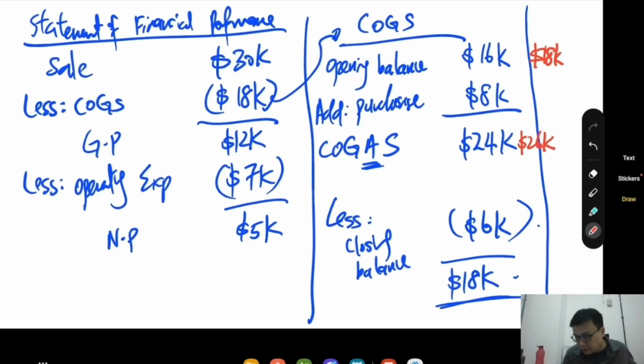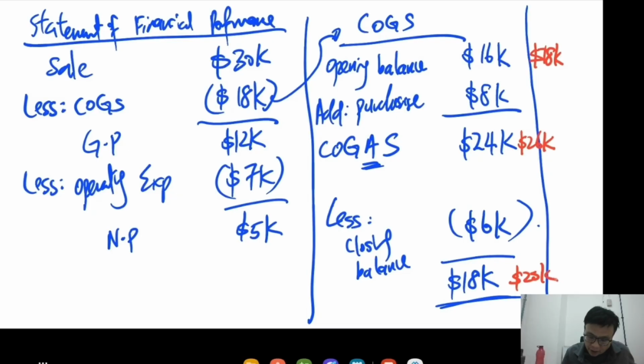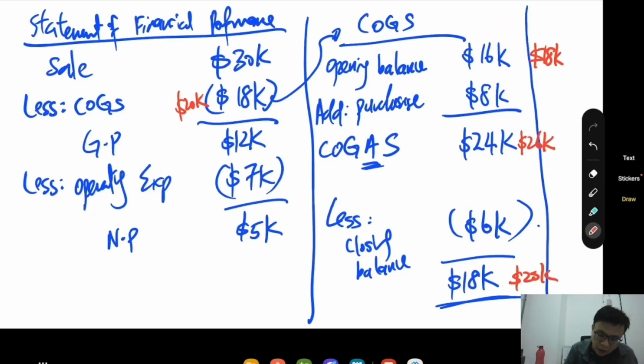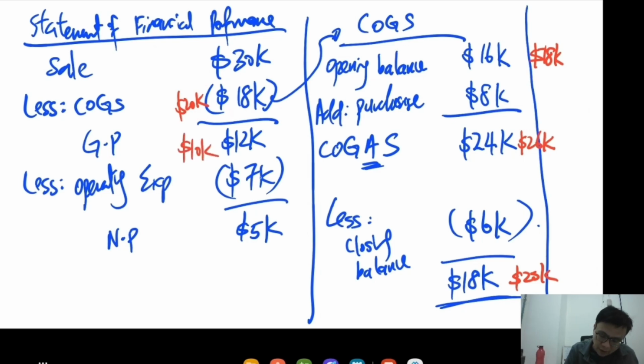Less closing balance, assuming nothing changed, this is where you will have 20K. And over here, it will be 20K. When you have 20K, your GP for sure will drop by 2K, and therefore it will be 10K.